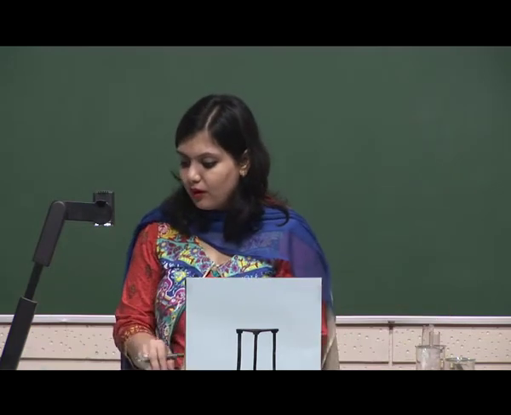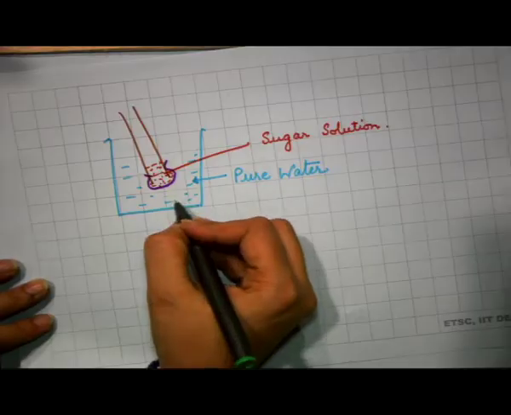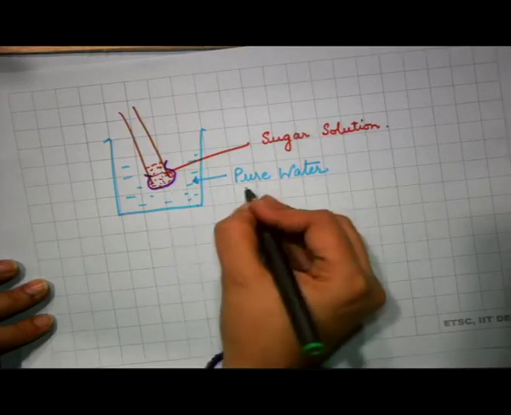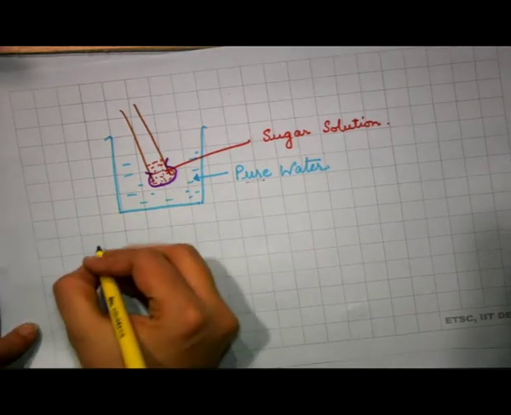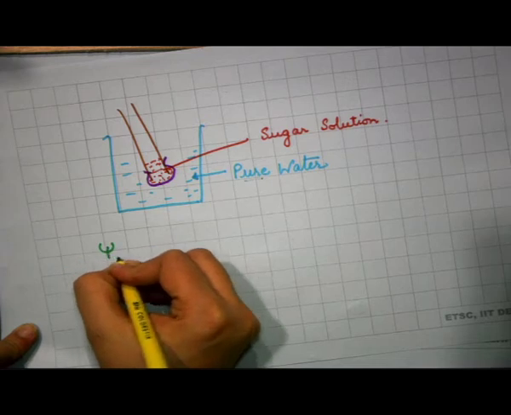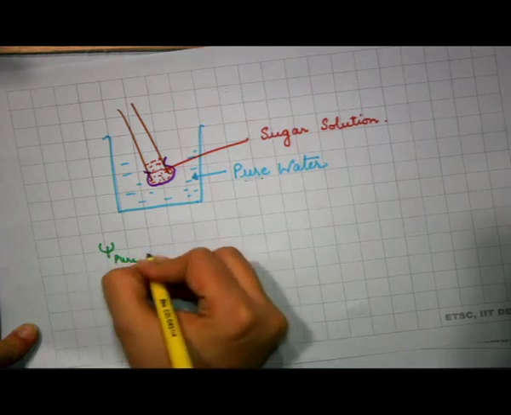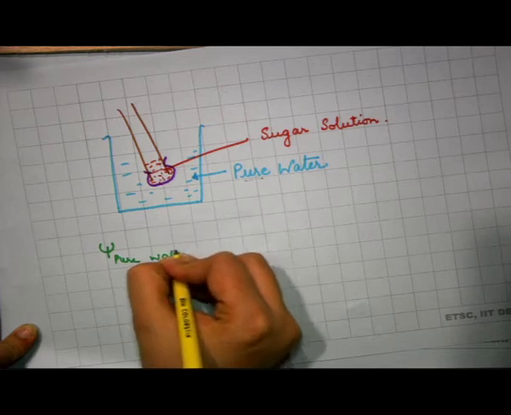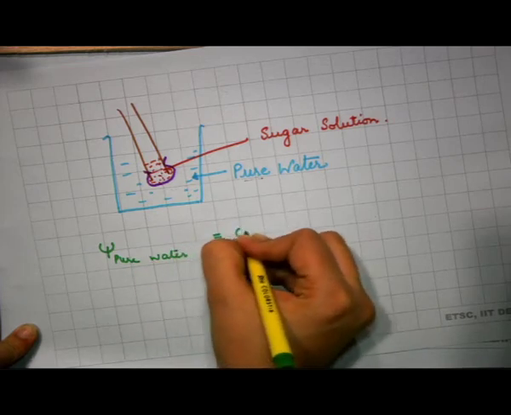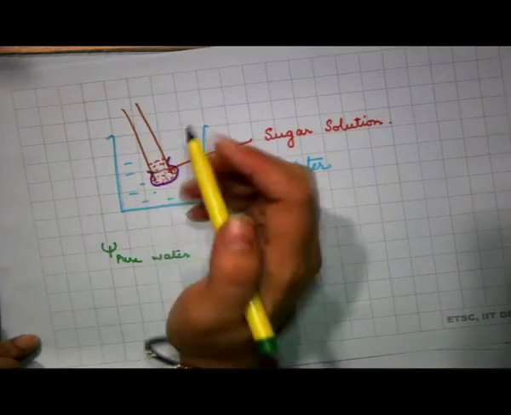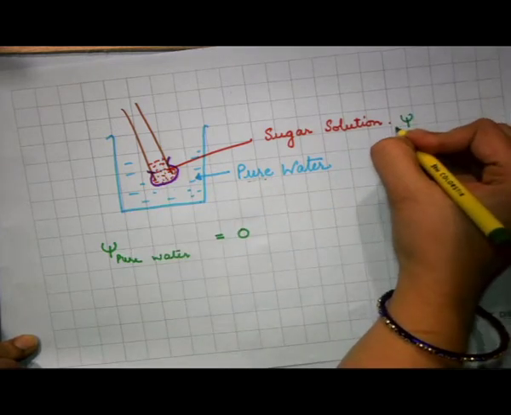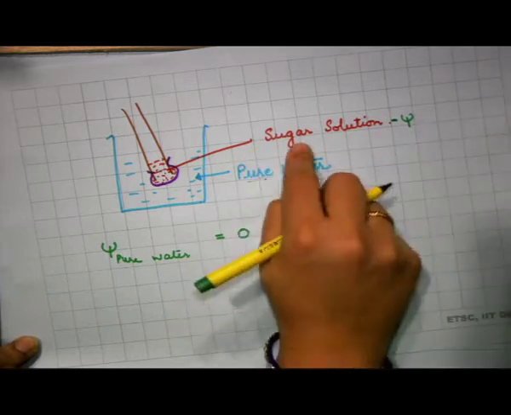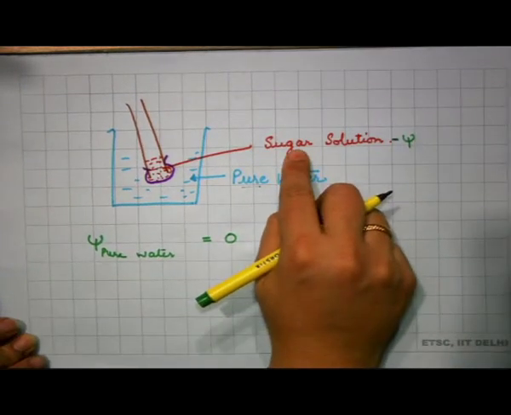Moving back, what must have happened? Since the water was pure here, its water potential was 0. And here, since the sugar solution was there, the water potential was highly negative because our solution was very concentrated.